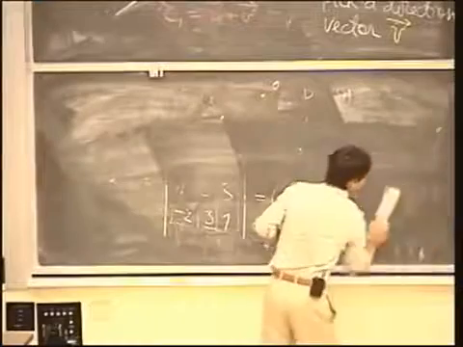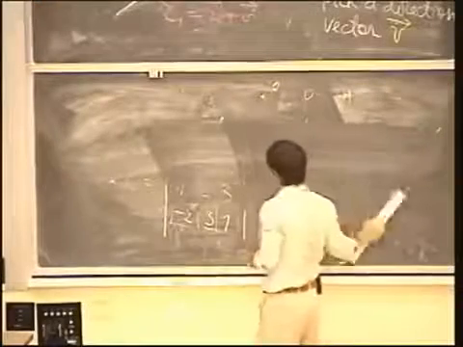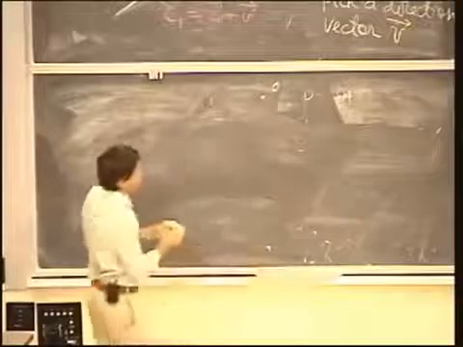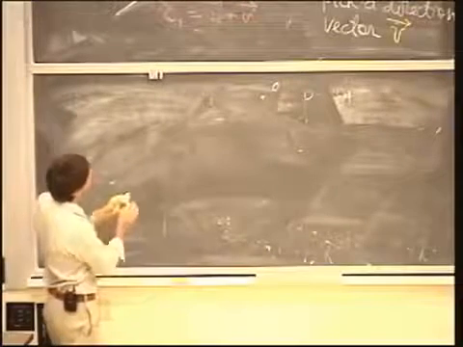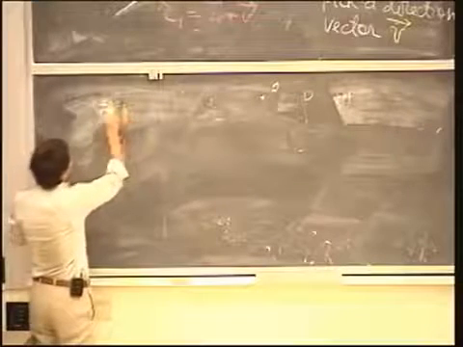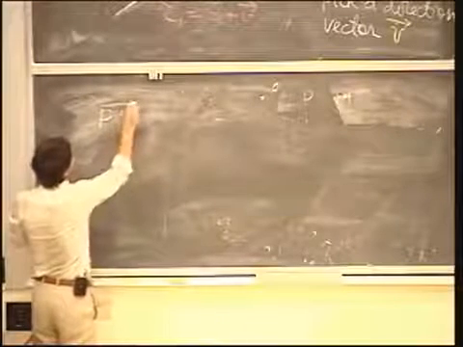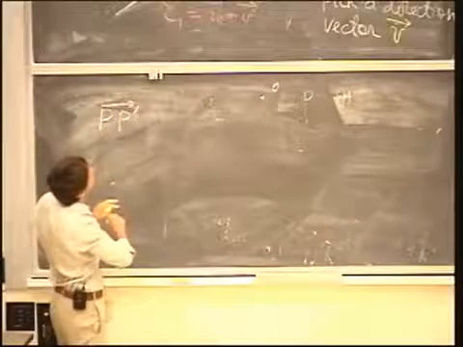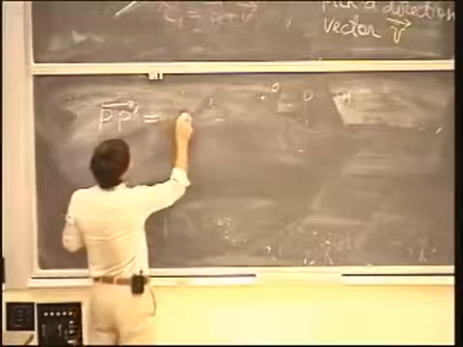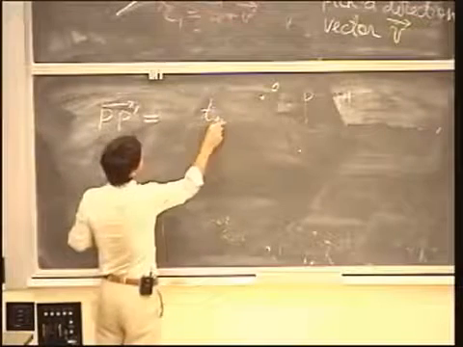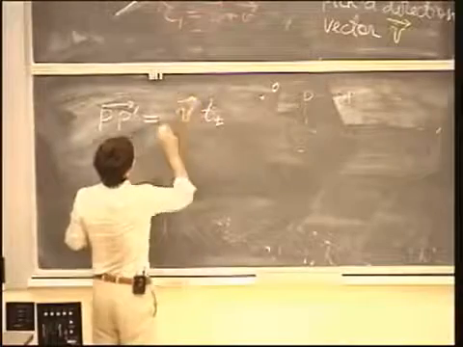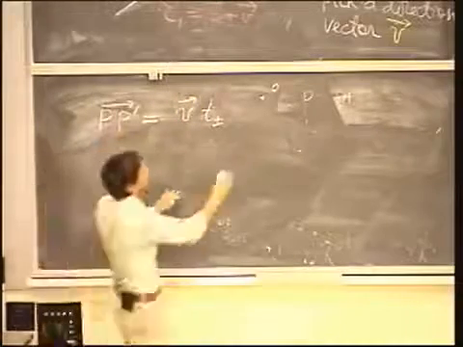Right? Because parallel vectors are all proportional to each other. Certainly the vector P P prime is proportional to v. So there is some number, t1, say, for which we'll have this formula.